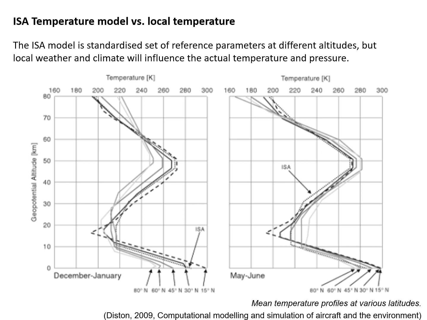We can see the dash-dotted lines are the ISA temperature, and in different months and different latitudes we have different temperature profiles, but they are surrounding the ISA parameter. This also suggests the ISA parameter is a kind of mean, average parameter of the weather.